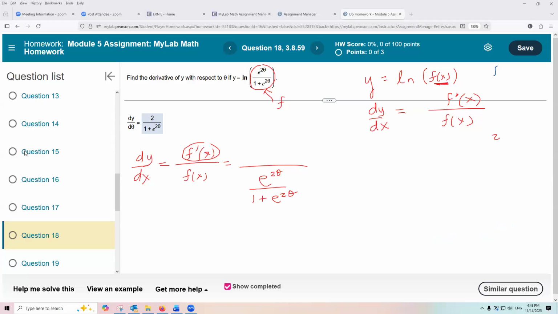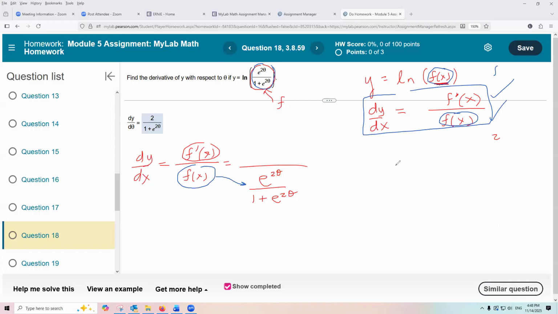So I'm going to call this inside parenthesis the f function. When you want to find the derivative of ln of f of x, you set it up like this. You put that function in the parenthesis on the bottom and its derivative on top. So we put that function itself on the bottom.